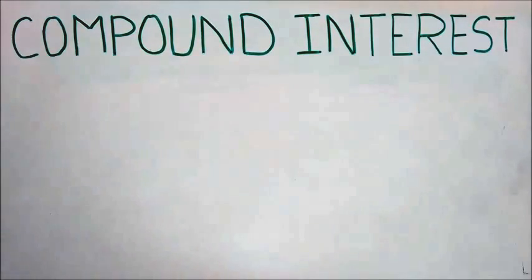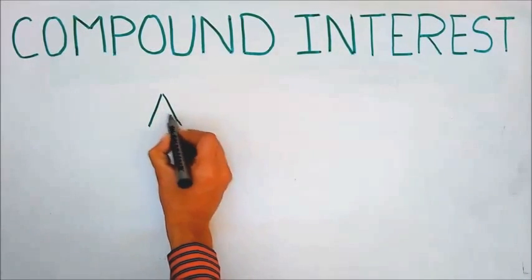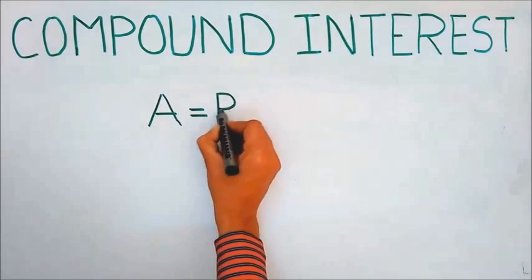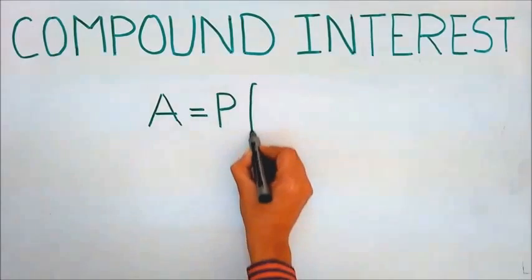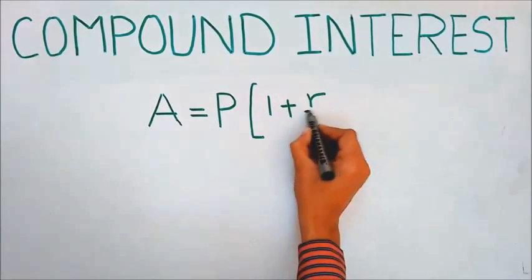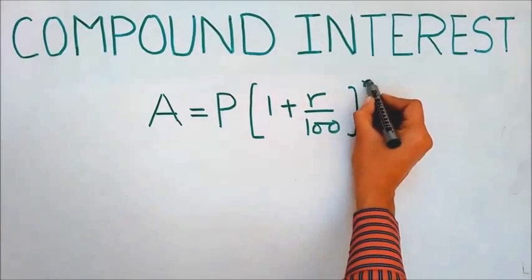Now we will discuss the basic formula of compound interest, that is A is equal to P (1 + R/100)^n.